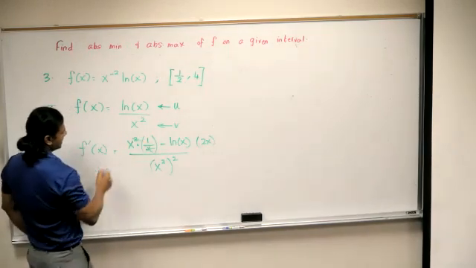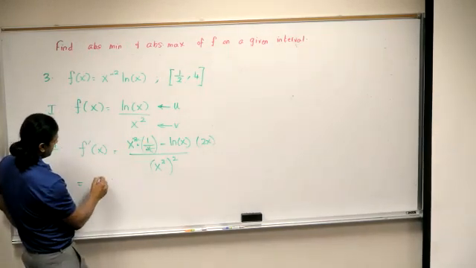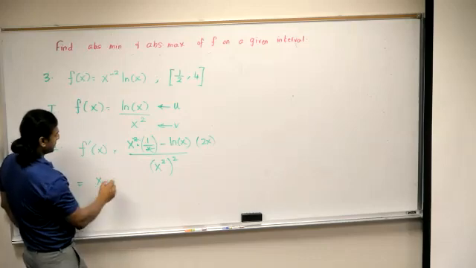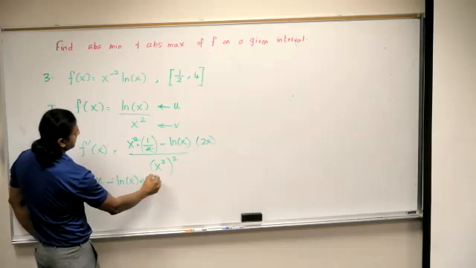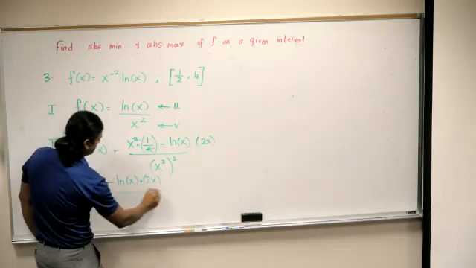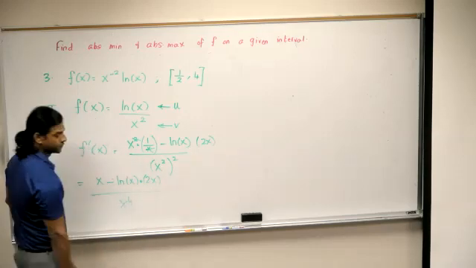The x and the x would get cancelled, or x squared. We will have x minus ln of x multiplied by 2x divided by x raised to 4.